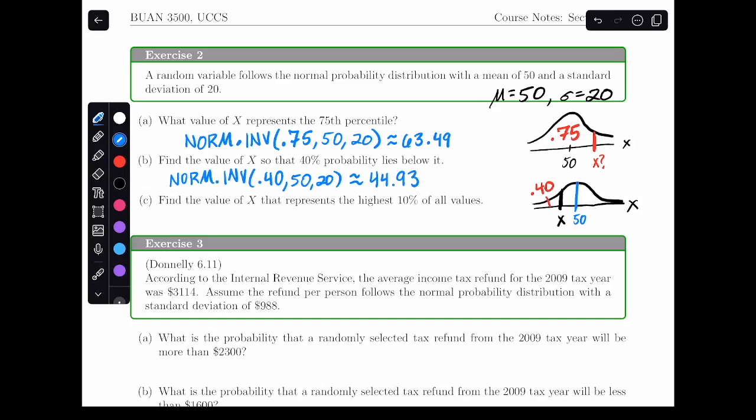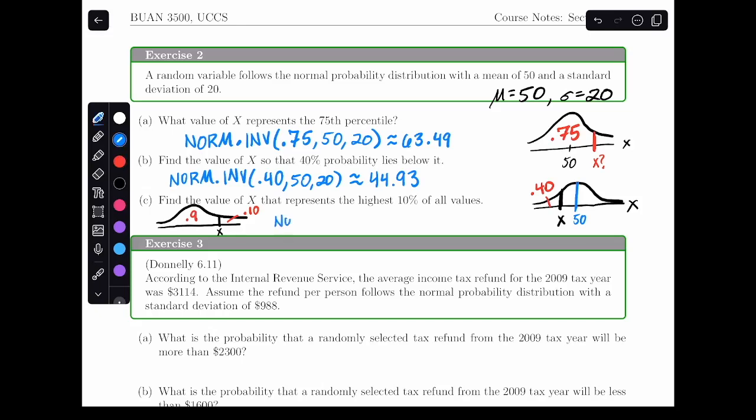In part C, now it's asking for the value of x that represents the highest 10%. So here, this is saying, well, I want to find the x that has 10% to the right. Well, if it has 10% to the right, that means there must be 90% to the left.